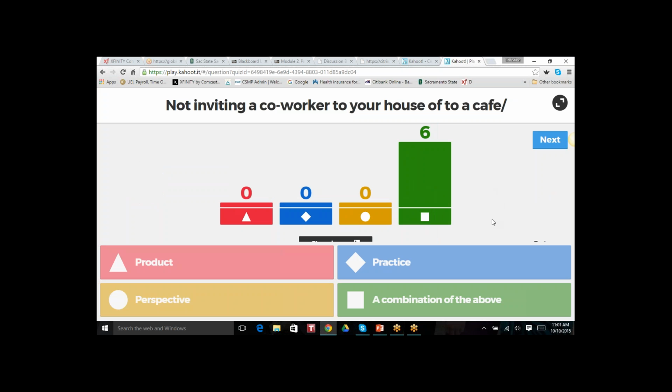How would this be a practice and representing a perspective? Well, it's a practice because that's what people do. Exactly.